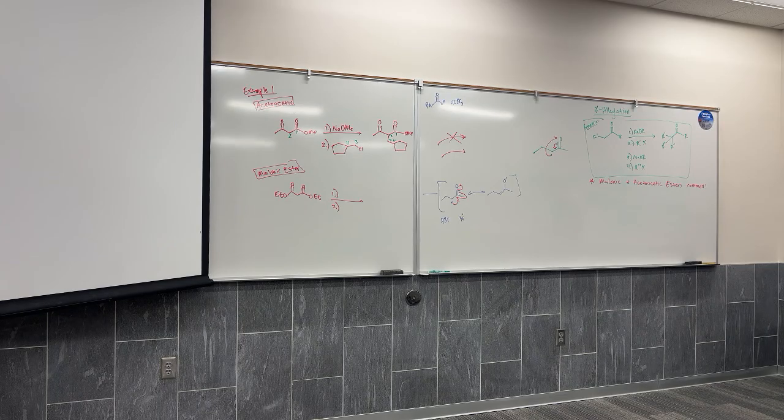Both of them are beta carbonyl esters, but the malonic ester is a beta diester, and acetoacetic is a beta keto ester.